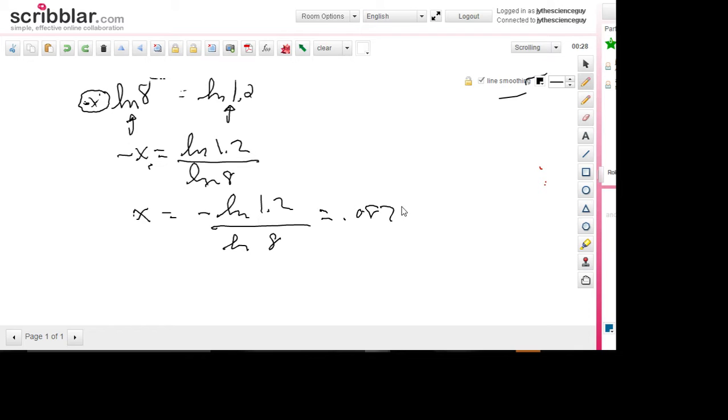So negative 0.0877 if you round up. That's 4 decimal places, right? So this would be 88, right? 1, 2, 3. I look at the third one, and because they say three decimal places, I just look at the one that's the fourth place to decide my third one.